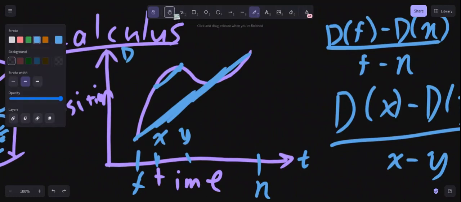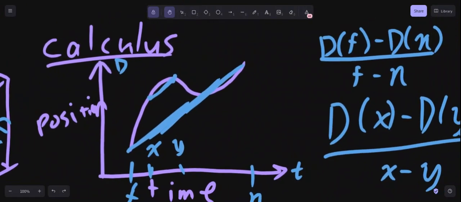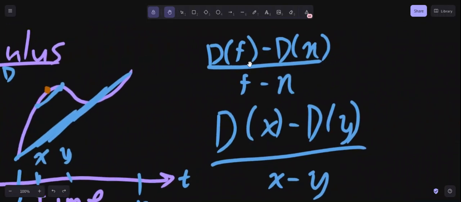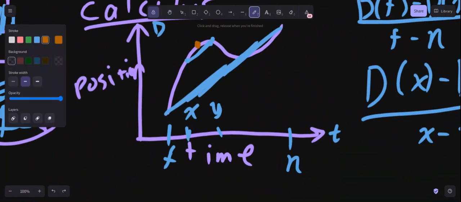The interesting question, especially in the context of calculus, is what if I wanted to find the rate of change at this instant, just this one single point? Let's try the same logic, and call this point z.